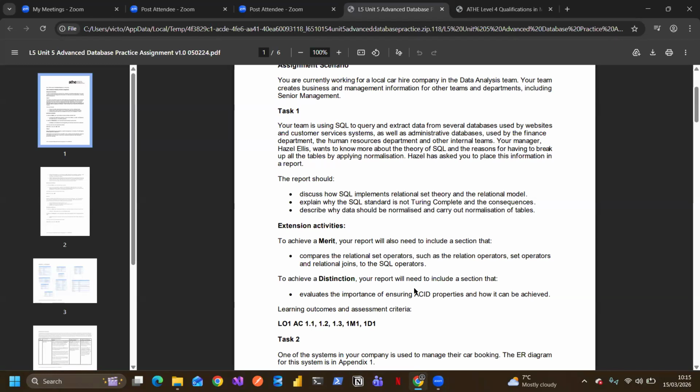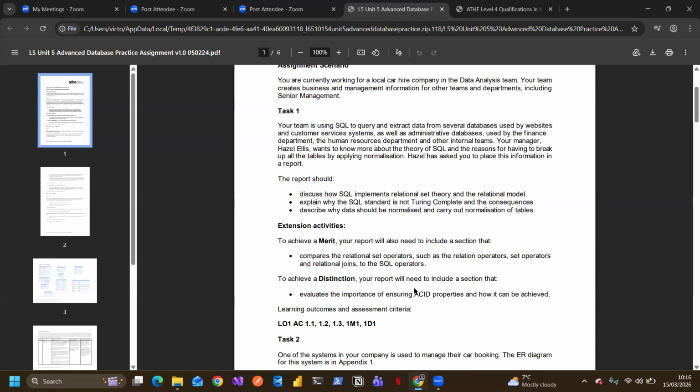The report should discuss how SQL implements relational set theory and the relational model, explain why SQL is not Turing complete and the consequences, and describe why data should be normalized and carry out normalization on tables.